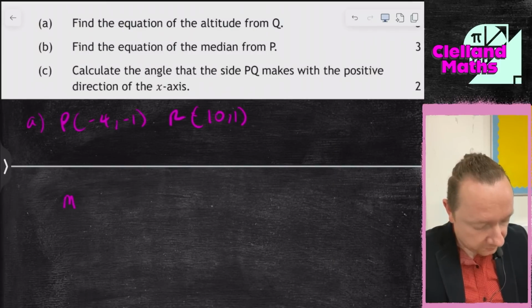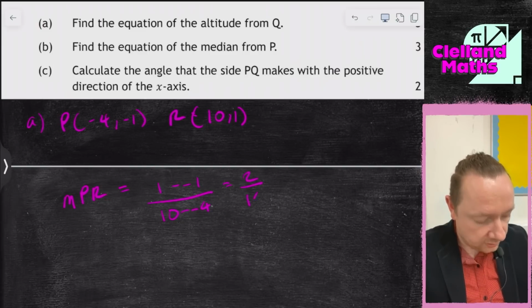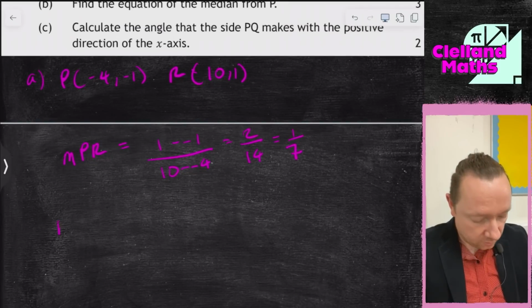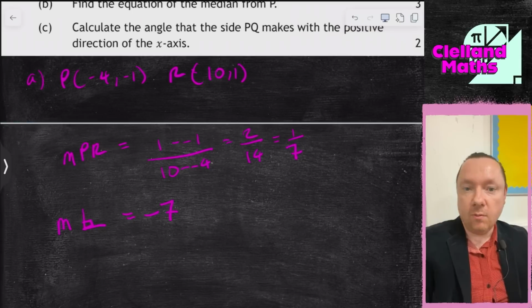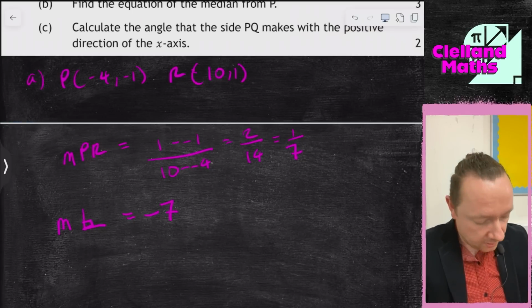So our gradient of PR is (1 minus -1) over (10 minus -4). That's 2 over 14, which is 1/7. So the gradient of our perpendicular is -7 because it's the negative reciprocal. Flip it upside down, change the sign. And we need to say why, because m1 m2 equals -1.